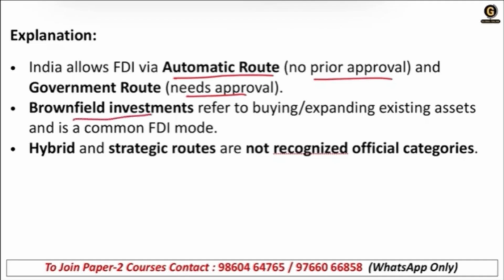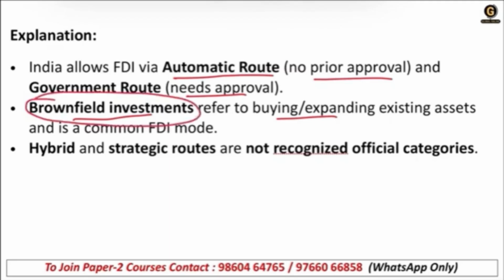Brownfield investment is a type of FDI, which refers to buying or expanding existing assets, and it is a common FDI mode. Brownfield means you are acquiring an existing company or existing business. That is a type of FDI.